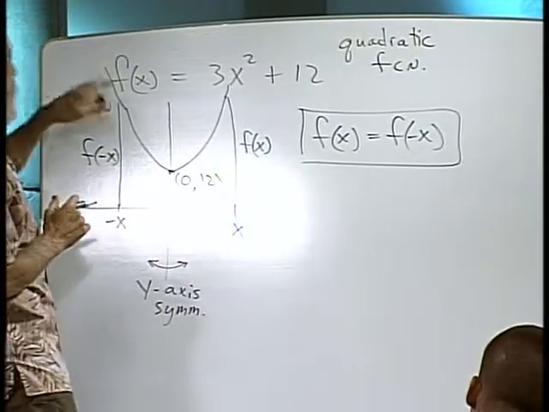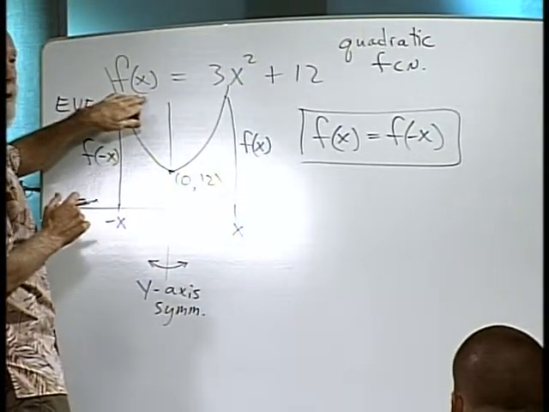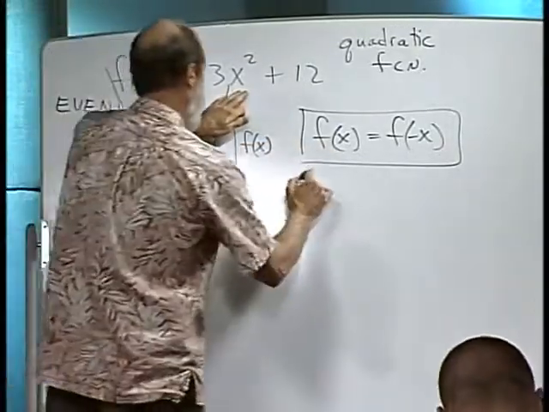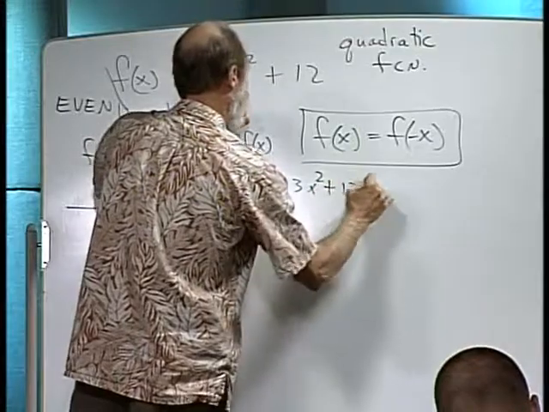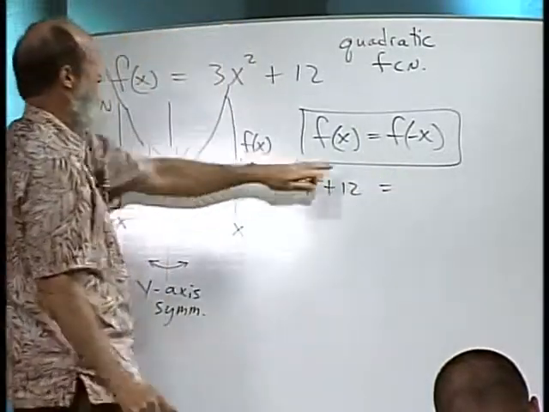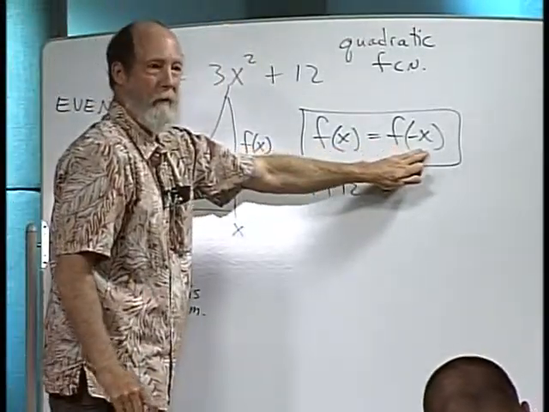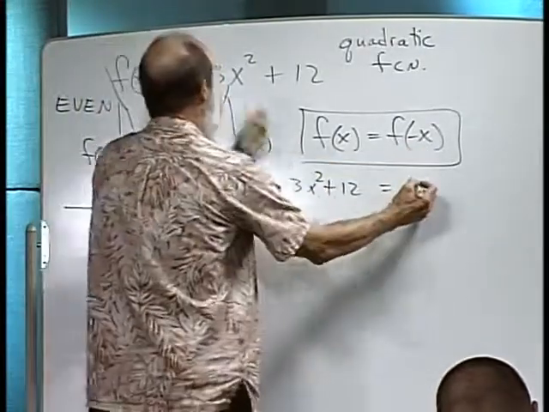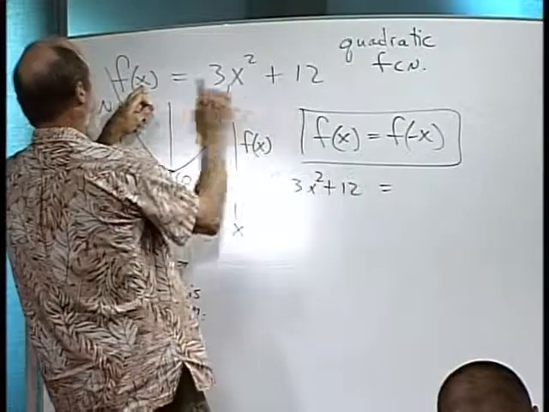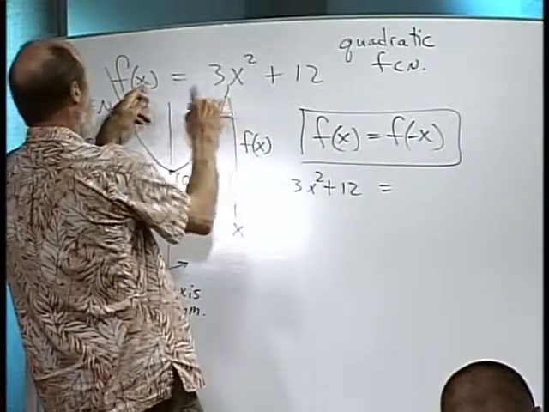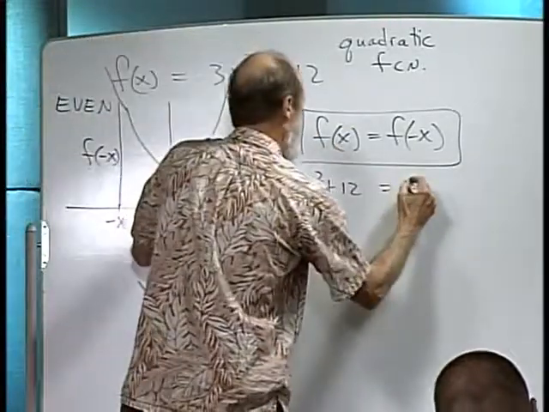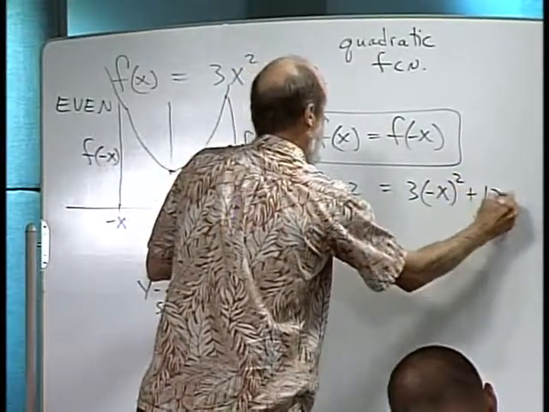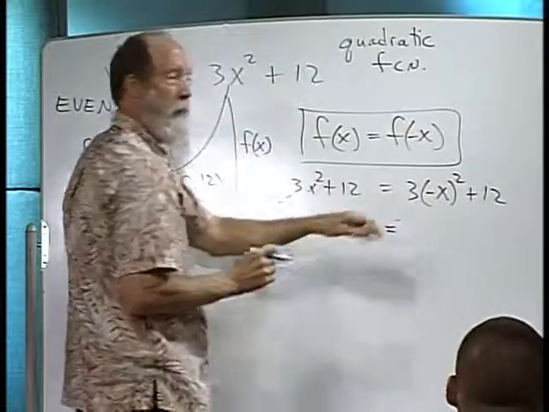Now, how would you do it with this one? You know what f of x is. That's what you started with. That was 3x squared plus 12. And what you do is you come over now and you actually build this. You do the algebra to build this. So you go back to your original function and you replace the input with negative x. So this becomes 3 times negative x being squared plus 12, and you clean it up.